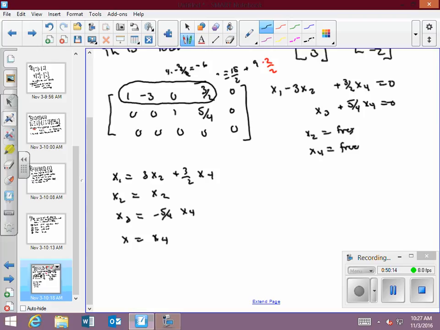So then what you have, you have to make the vector x1, x2, x3, x4 equal to 3x2, x2, 0, 0.